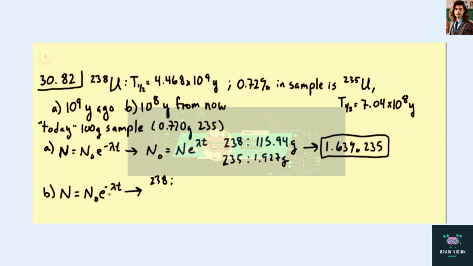So now we just run this calculation in the usual way. We're looking into the future rather than back at the past.